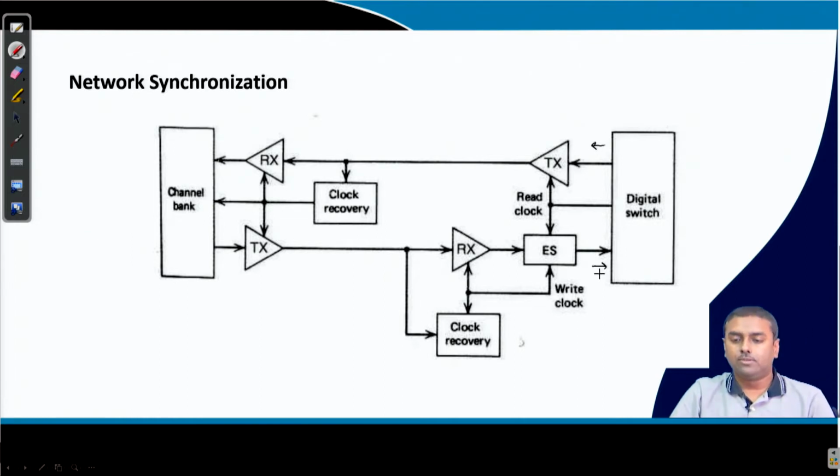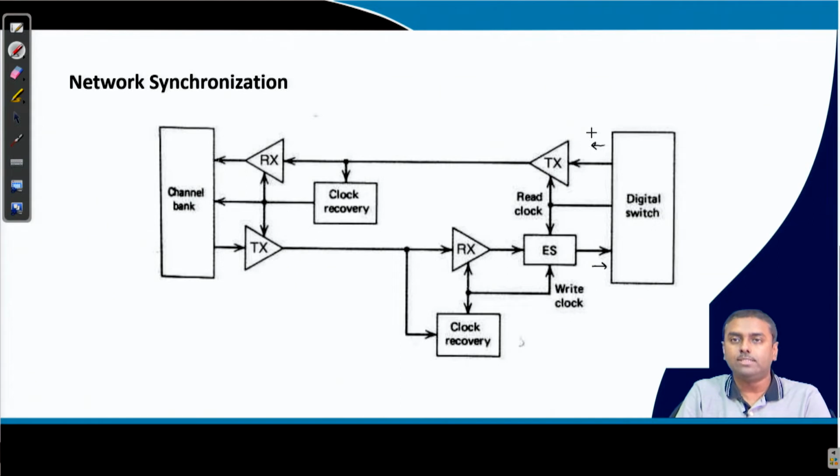Whenever we are transmitting something, that is the switch output, so it must have the switch's own clock. We want to synchronize with respect to the switch clock. We cannot synchronize the incoming data with each other, because then it will be very difficult to decide whom to synchronize with whom. Therefore, we get the reference from the switch, whatever clock it has, and all others have to be synchronized to that. We will see how to do that.